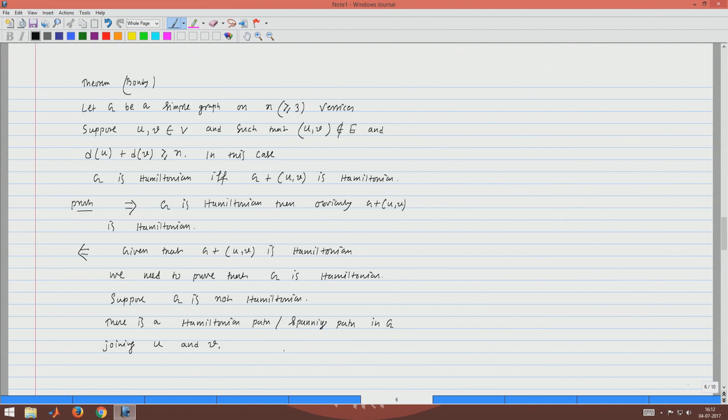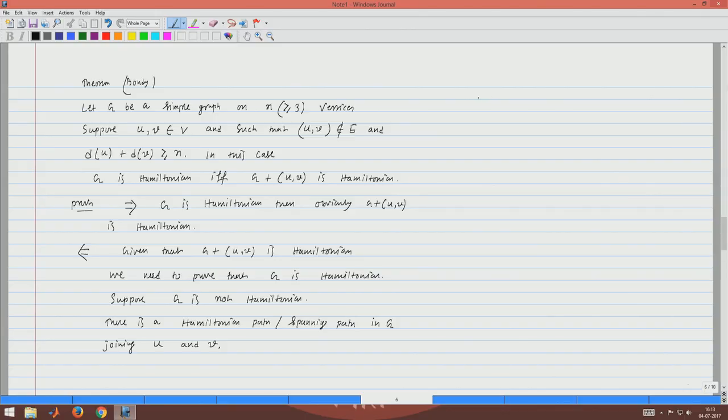This is obvious because G plus uv is Hamiltonian. Now, if you remove one edge uv from that graph G plus uv, then there will be a spanning path joining u and v in the graph G.